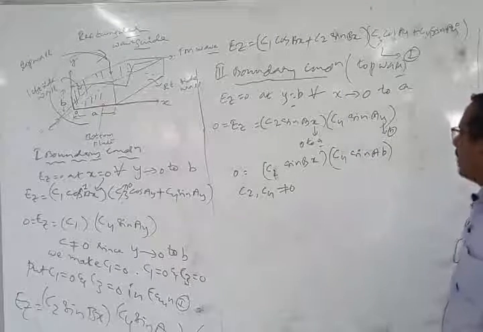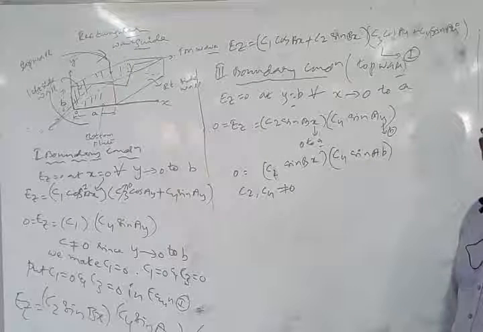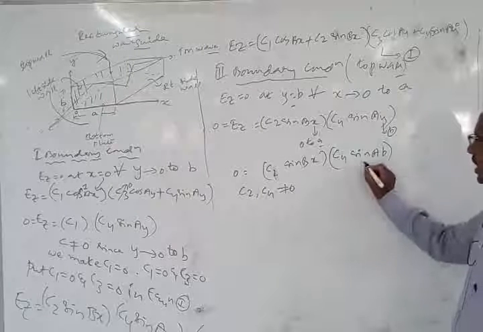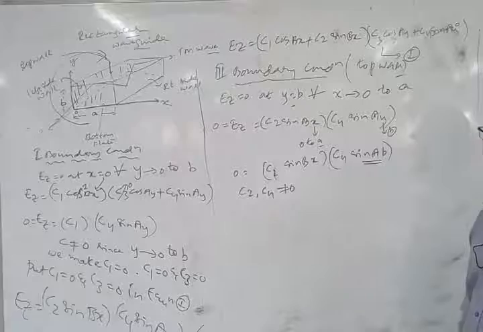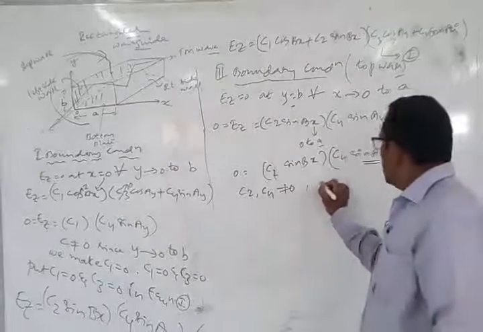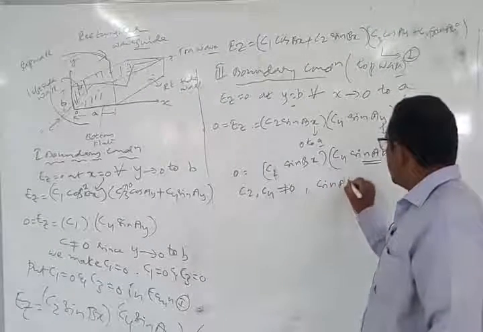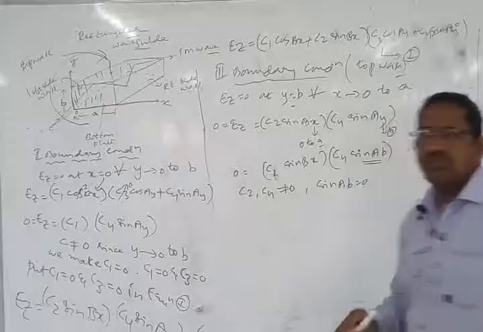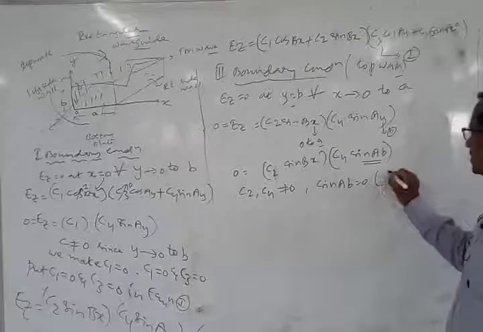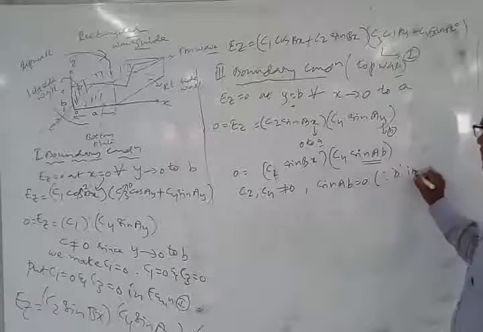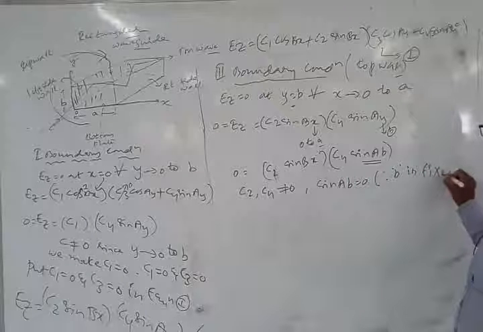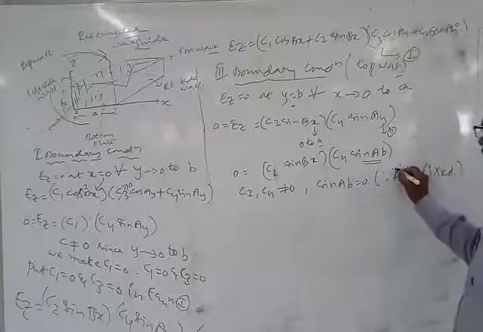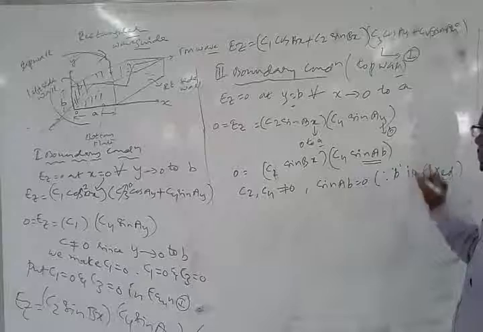In the top wall, b is fixed. Therefore, we make this sin Ab equal to 0 since b is fixed.